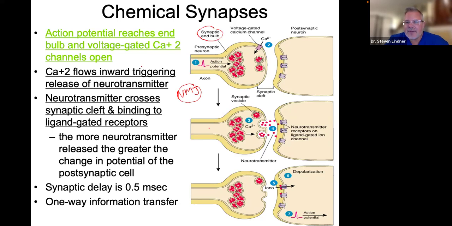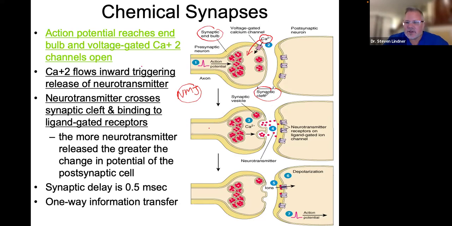And what we have in these synaptic vesicles are neurotransmitters. And remember, we need calcium that influxes in, and that's going to tell the synaptic vesicles to open up and release their contents into the synaptic cleft. That method is called exocytosis.